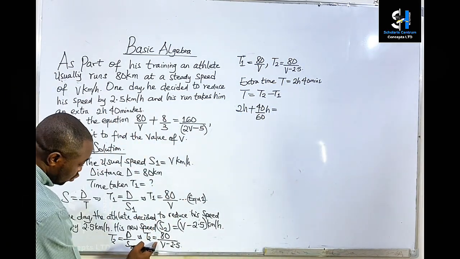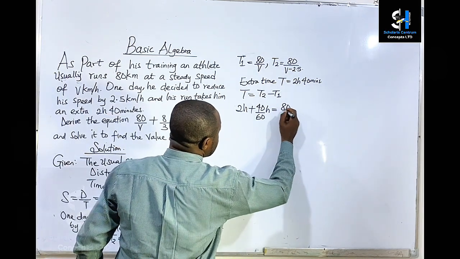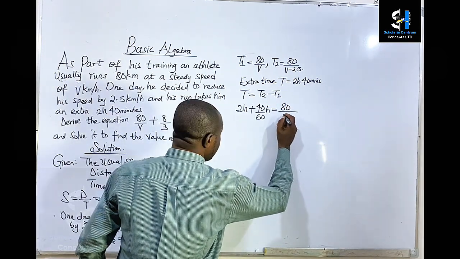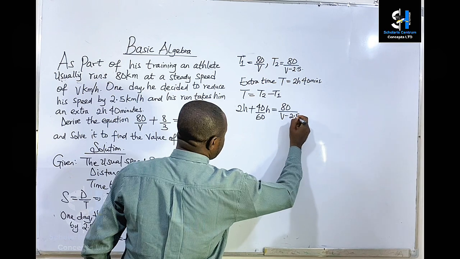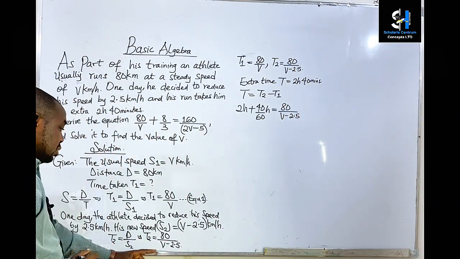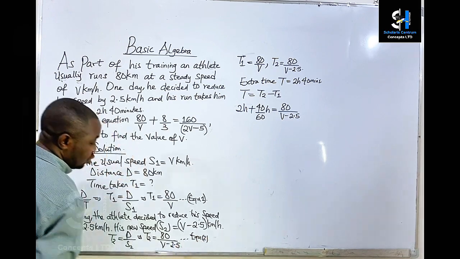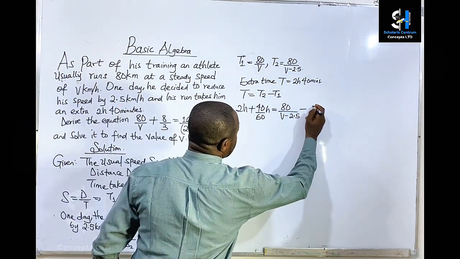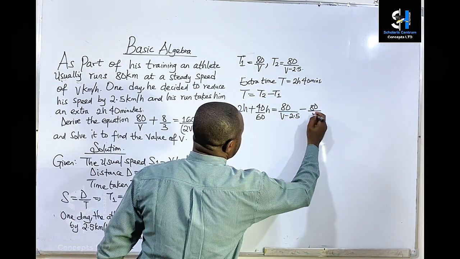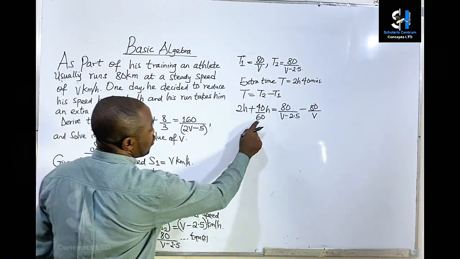Then let's write the expression for T2 here: 80 over V minus 2.5, which is our equation 2, minus 80 divided by V. So let's reduce this.